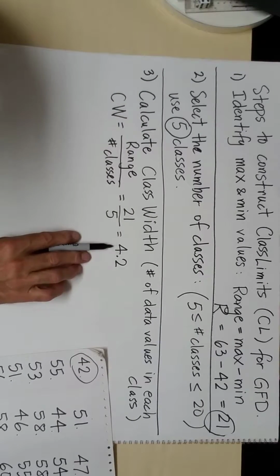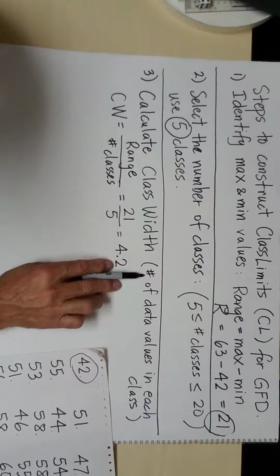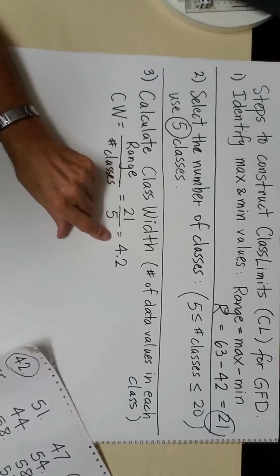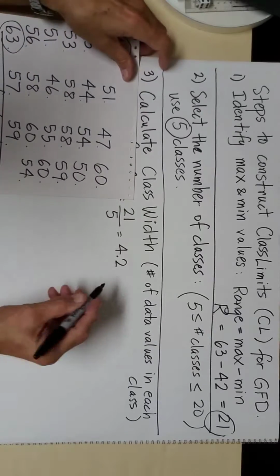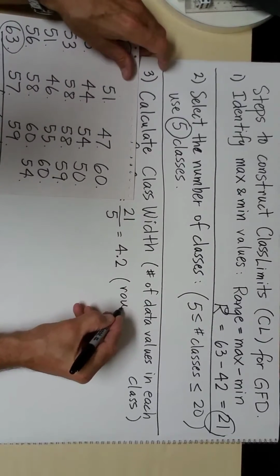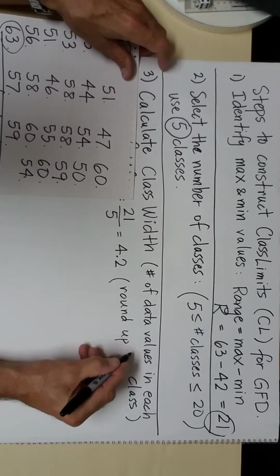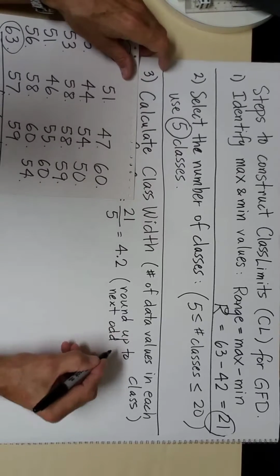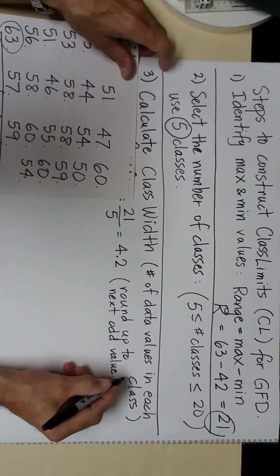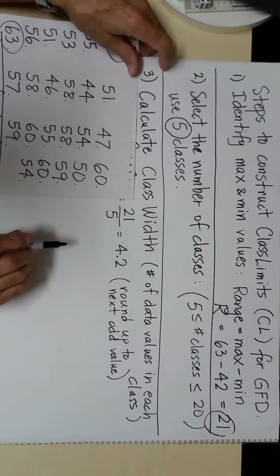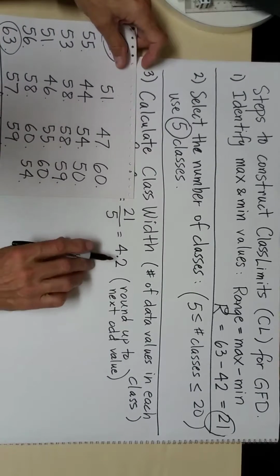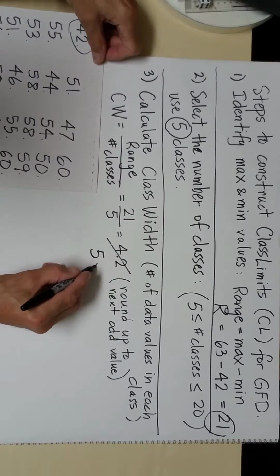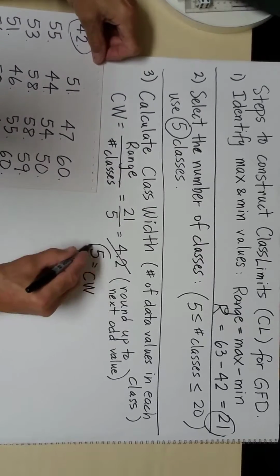You can't use the value of 4.2 because this talks about the number of data values, so this has to be a whole number. The rule of thumb is when this is a decimal value, you want to round up to the next odd value. And there's a reason for using odd numbers. So we're going to change the 4.2 to 5, and use a class width of 5.